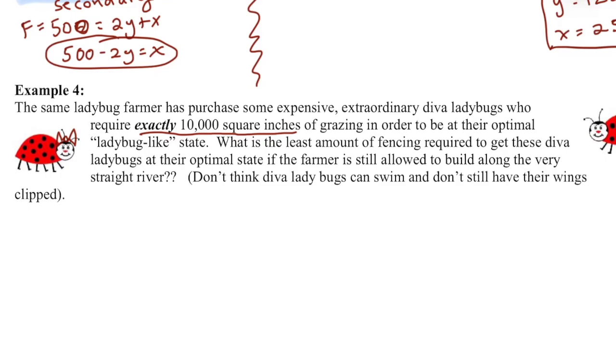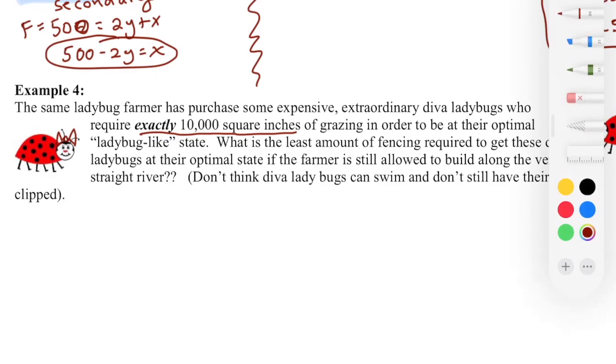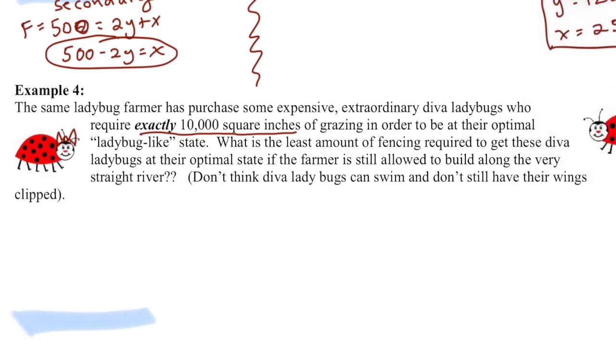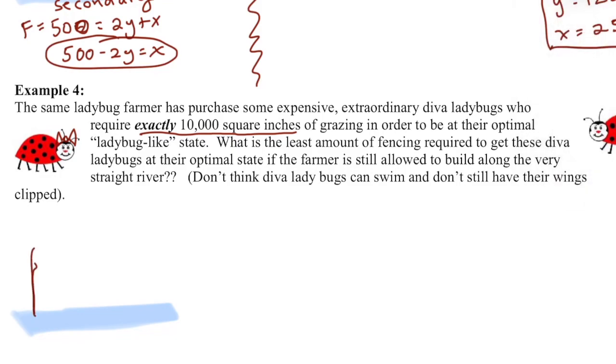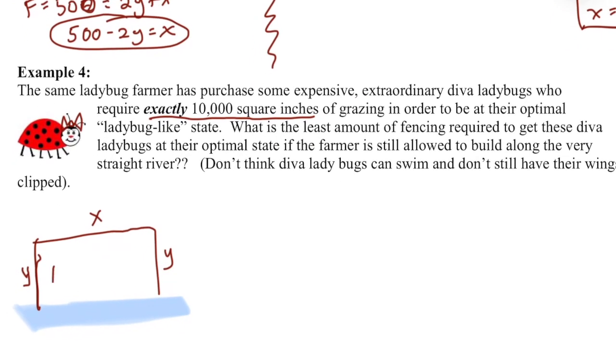Okay. So we're going to have our same river, and then the fence. Oopsies. My fence like this. Y, X. But this time, instead of being given the amount of fencing, I was told the area.